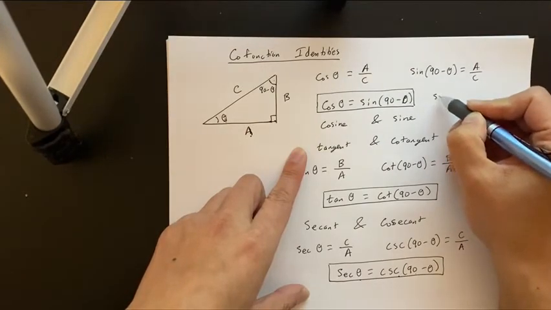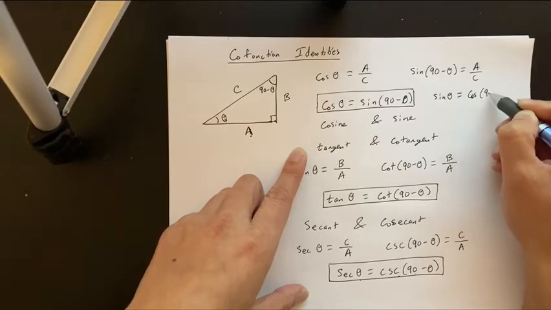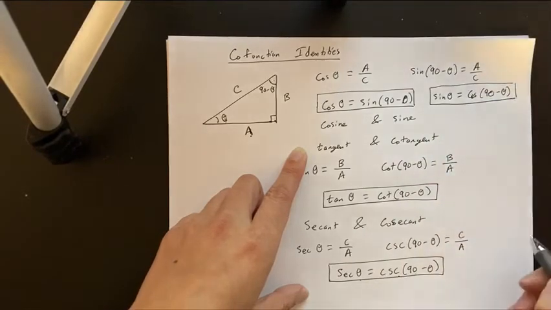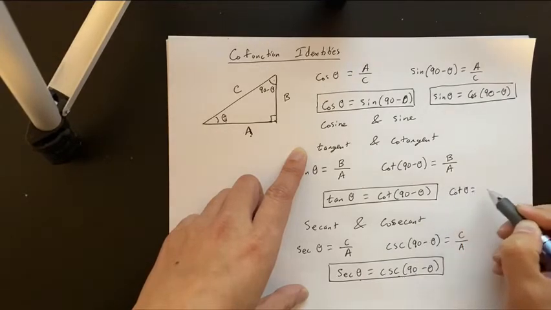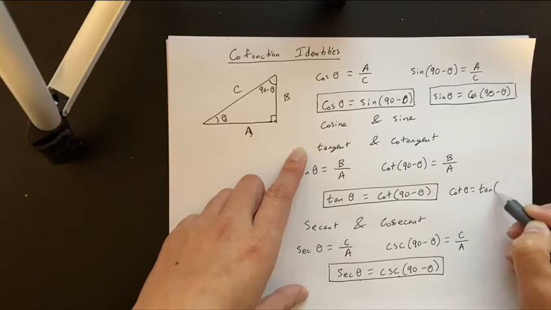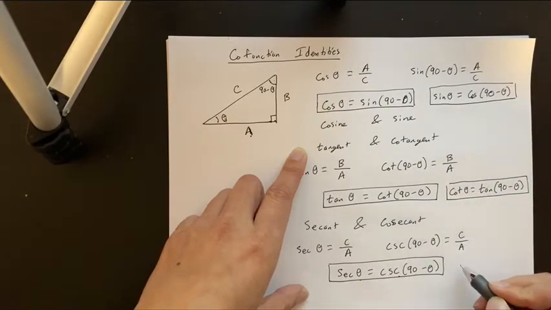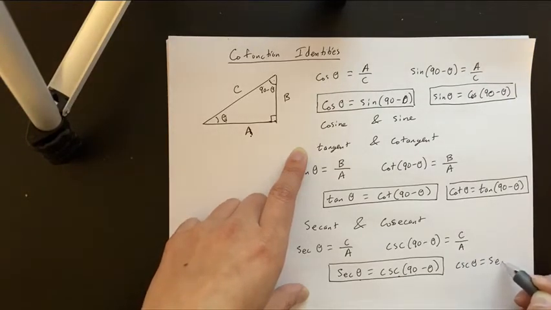Sine of theta is the same thing as cosine of 90 minus theta. Cotangent of theta is the same as tangent of 90 minus theta. And cosecant of theta is the same thing as secant of 90 minus theta.